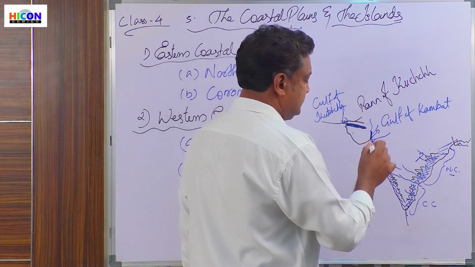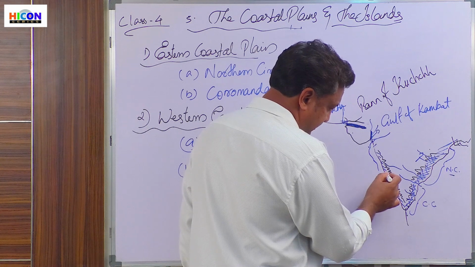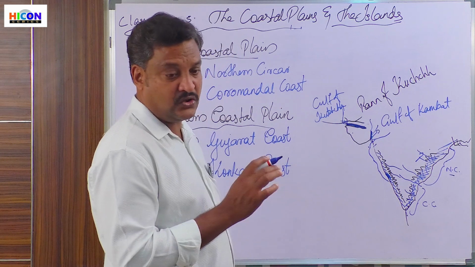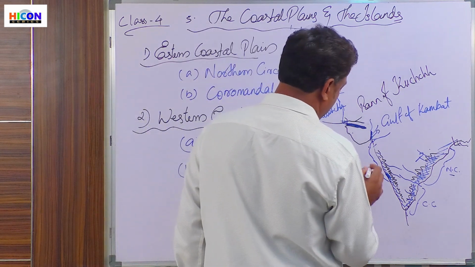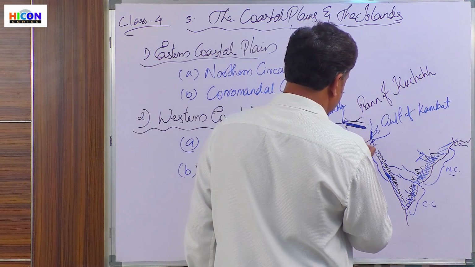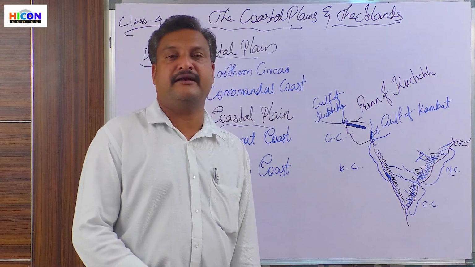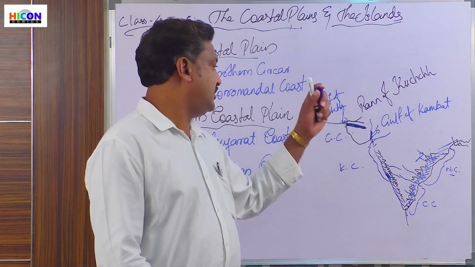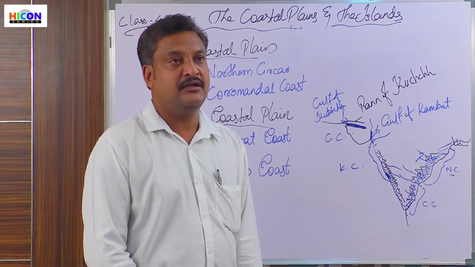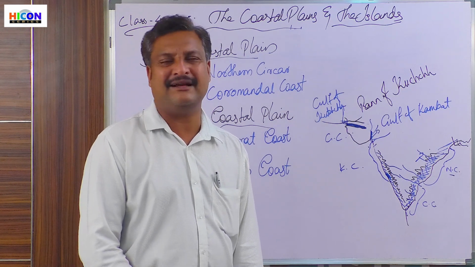From the Ran of Kambat, the coastal region of Maharashtra, and here we have a small state called Goa, isn't it? Until the coast of Goa is called the Konkan coast. This is the Gujarat coast. So the Konkan coast is a coastline which starts very close to the Ran of Kambat till the coast of Goa.